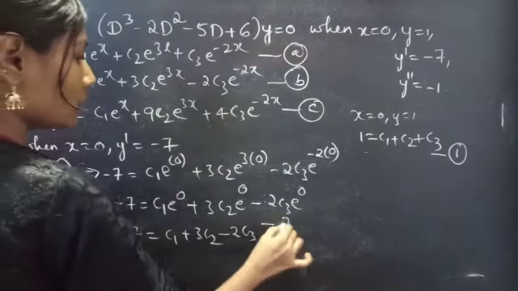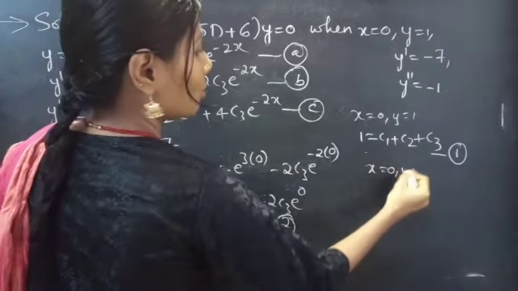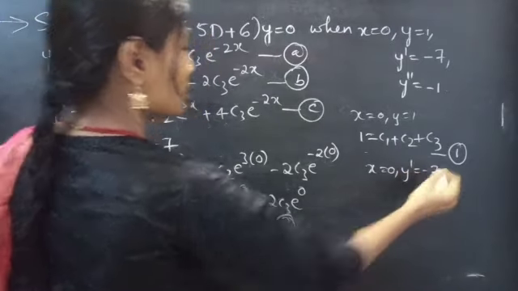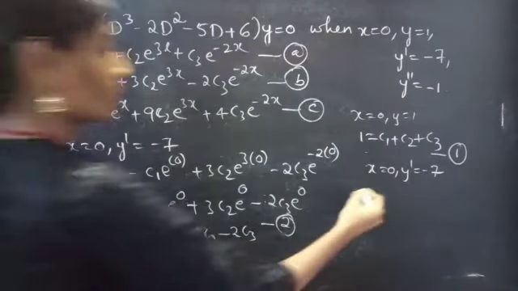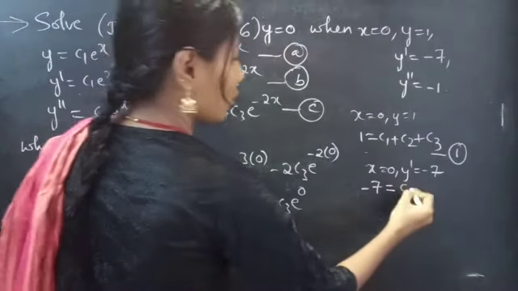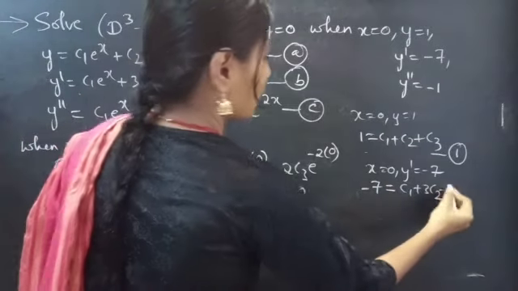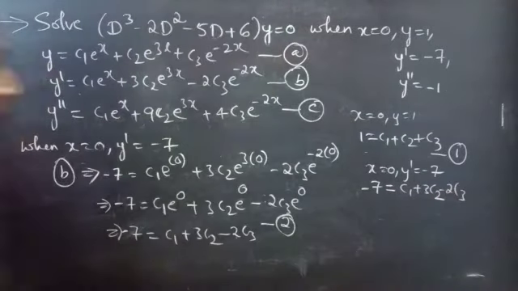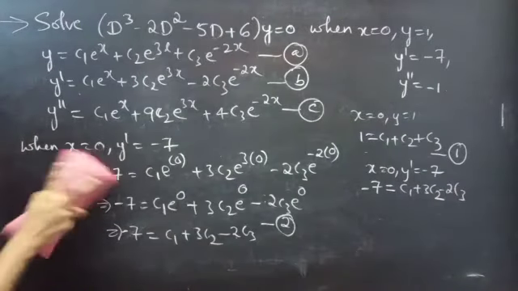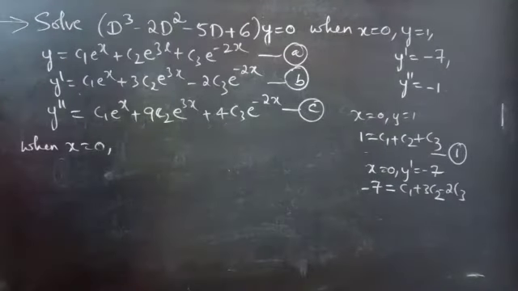So consider it as equation 2. So when x equals to 0 and y dash equals to minus 7, you'll get minus 7 equals to c1 plus 3c2 minus 2c3, right? Now, when x equals to 0, this is our equation 2, right?